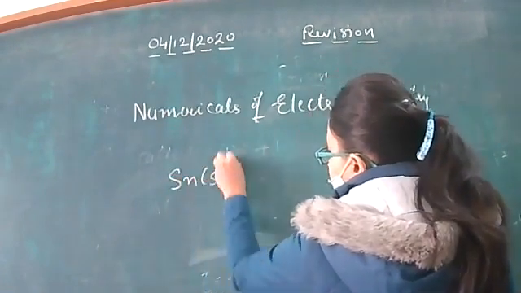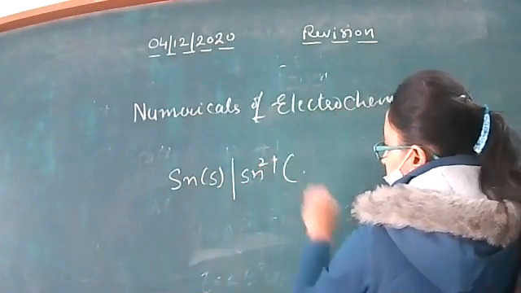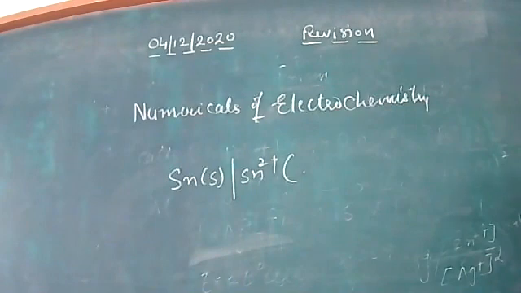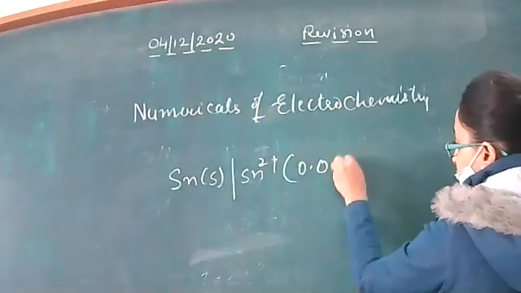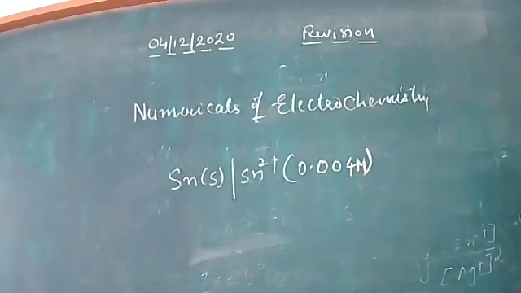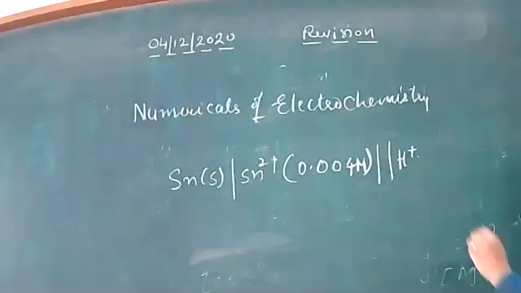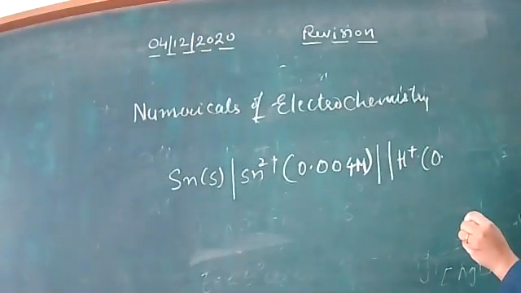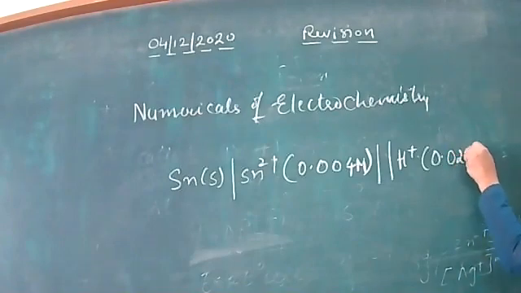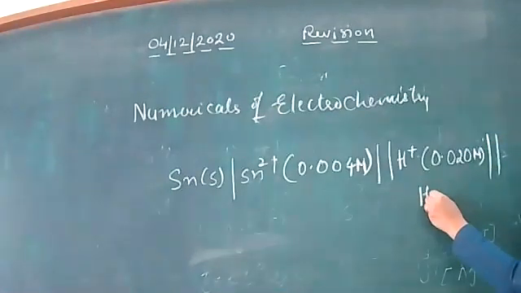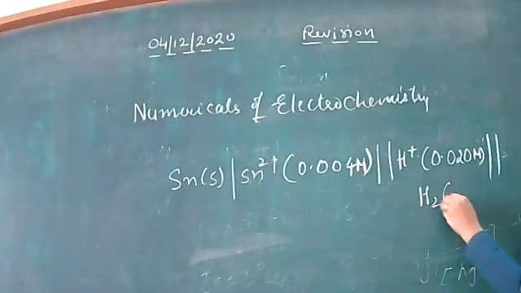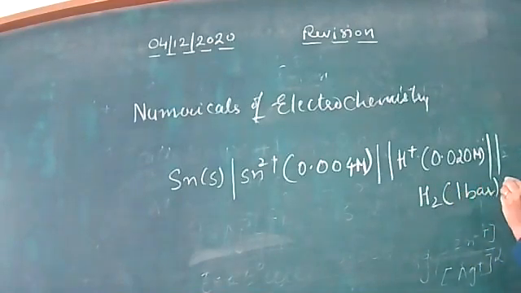Sn solid, Sn2+, the concentration of Sn2+ is given as 0.004 molar. And H+ is 0.020 molar, H2 1 bar, platinum solid.